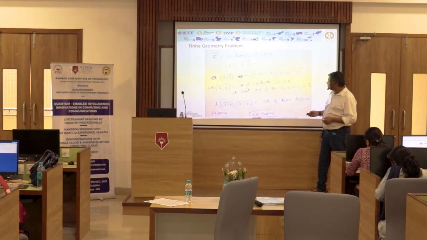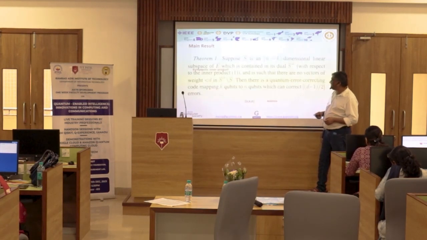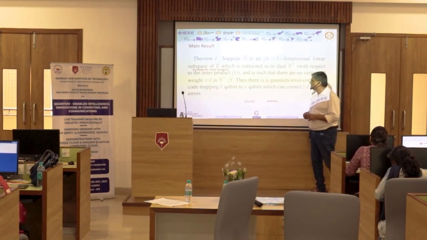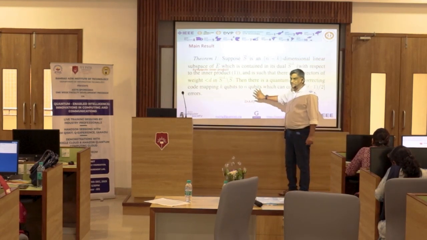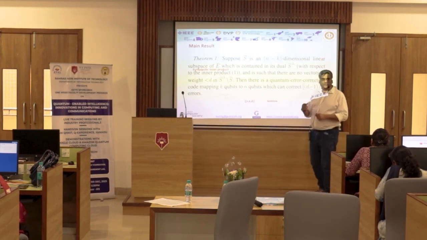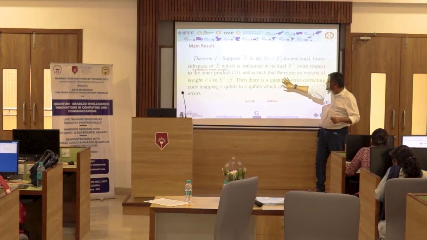So now we have this two-dimensional vector space, and we got this result. I'm not giving the proof, because I would need to introduce some more group theory concepts to arrive at it.